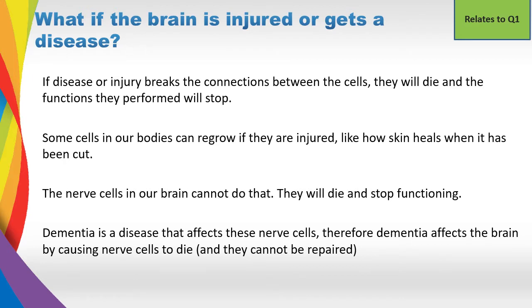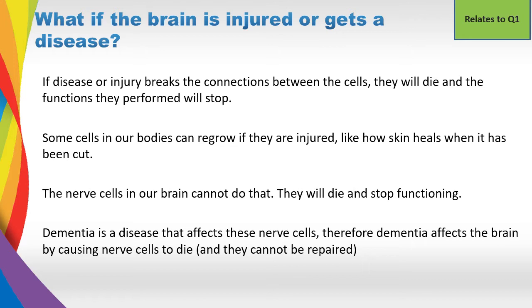So what happens if the brain is diseased or injured? If disease or injury breaks the connections between these cells, then they will die, and the functions that they performed will stop. Some cells in our bodies can regrow if they're injured, like if you burned your skin, it would heal, or if it's been cut, it would scab over and heal.